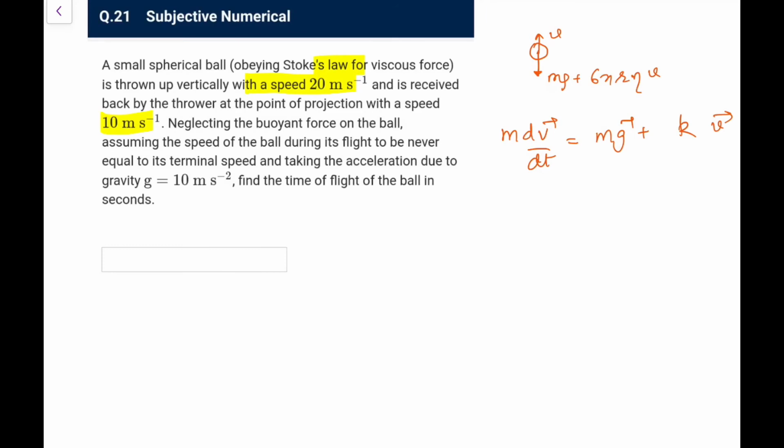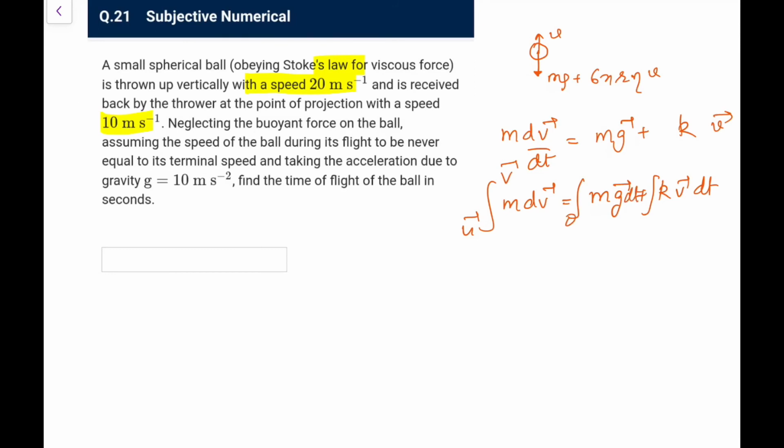Now doing this integration, m dv on both sides would be equal to (mg plus kv) dt. Integrating all, the velocity goes from initial u to v, taking the upward direction as positive.